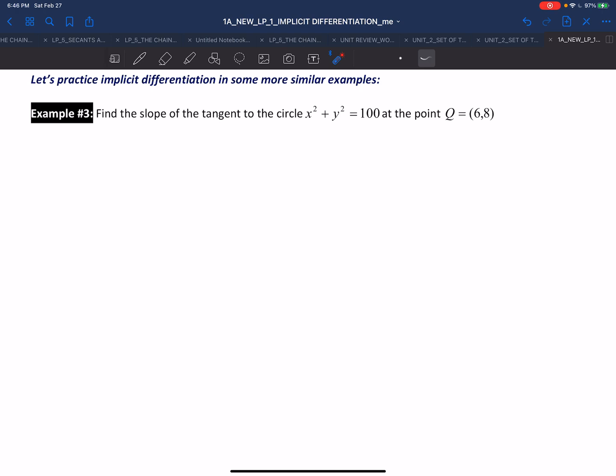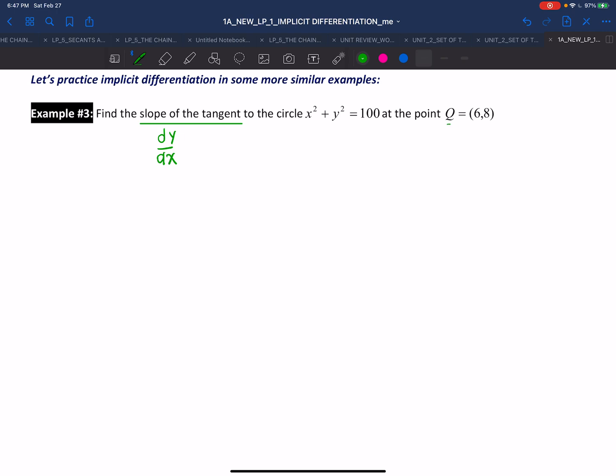So very similar to what we just did, but this time we also want to look at finding the value of the derivative, because we need to find the slope of the tangent at this point, just the slope. So if I want to find the slope of the tangent, that means that I have to find dy dx.